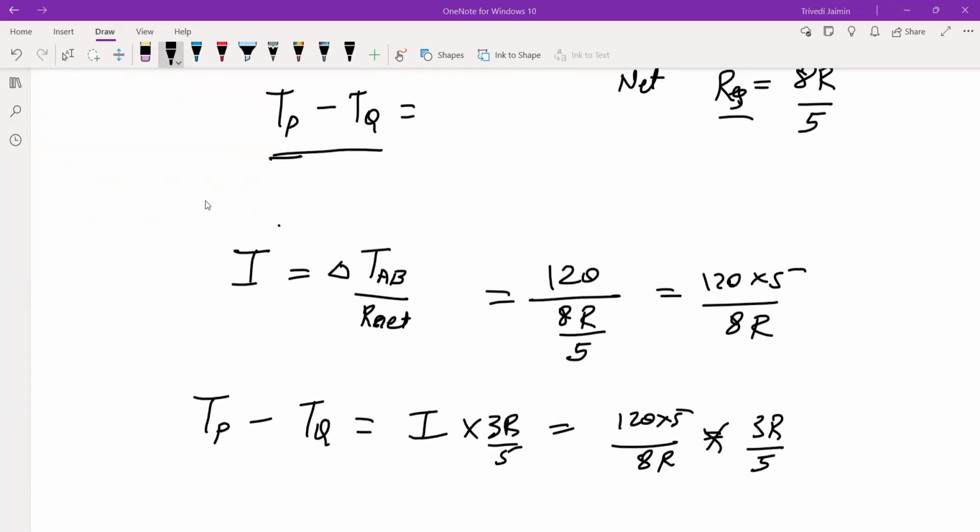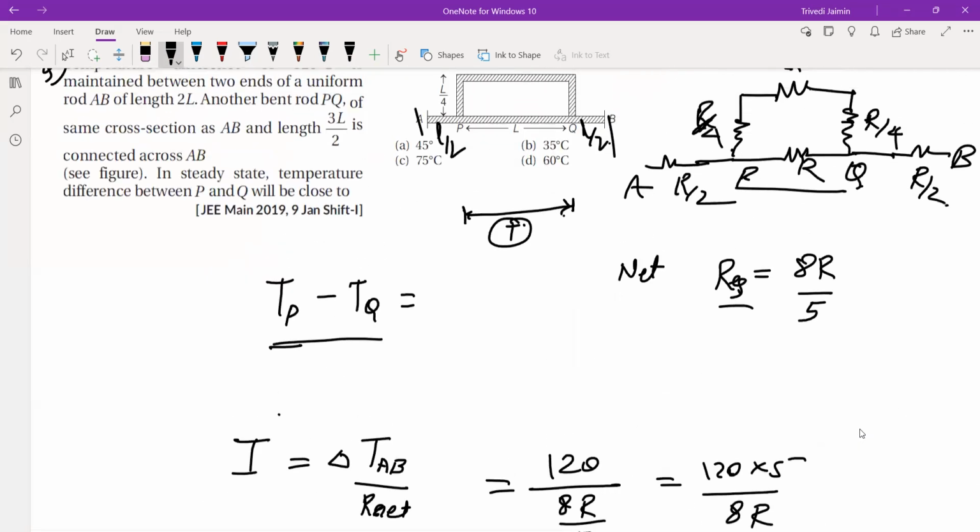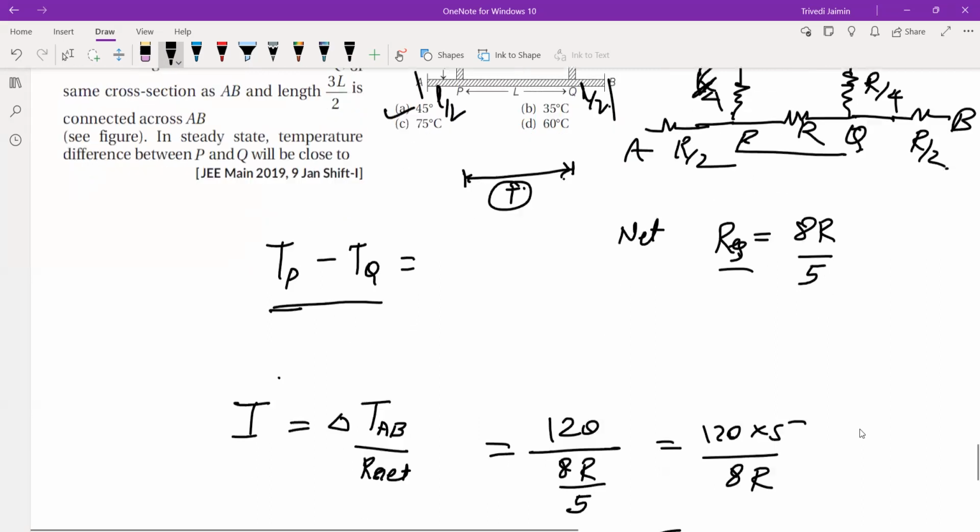R will get cancelled, 5 and 5 will get cancelled. The answer is minus 45 degrees. A is the option.